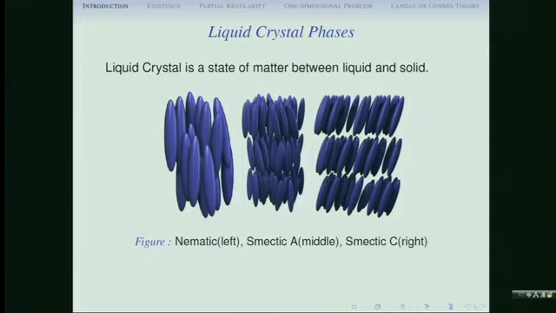This is translational order, and then you have orientational order. This is called smectic A. We need two order parameters, and then when you lower the temperature further, from here to here, then you actually get some molecules tilted from the z-axis, and we call it smectic C.